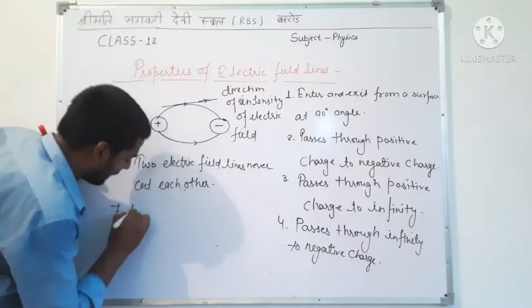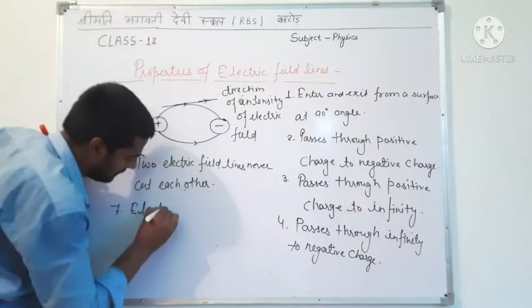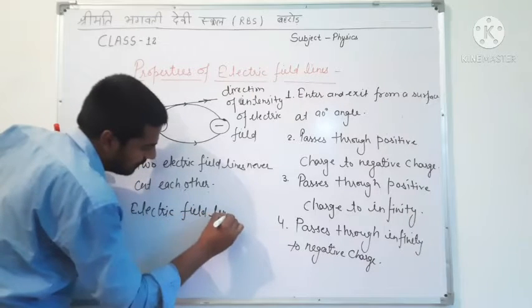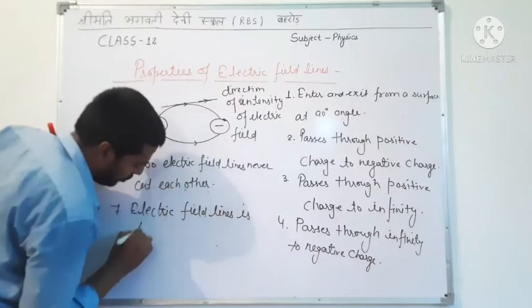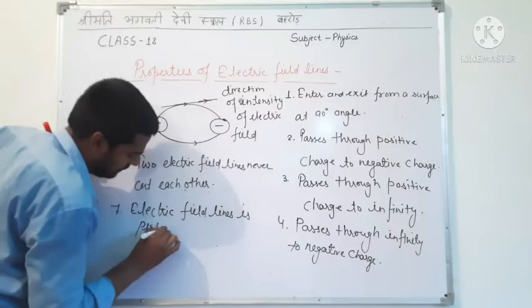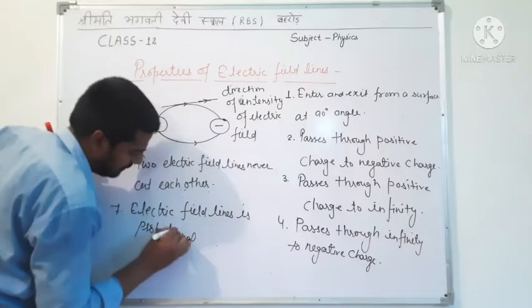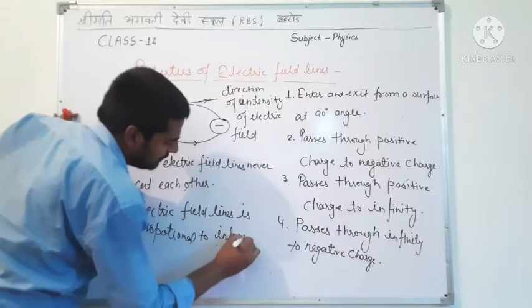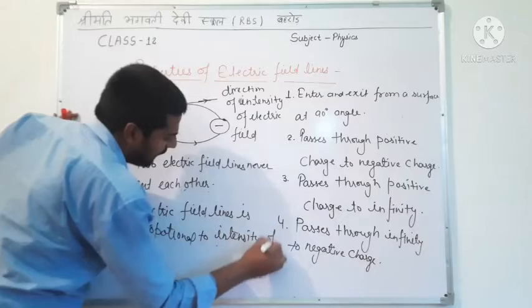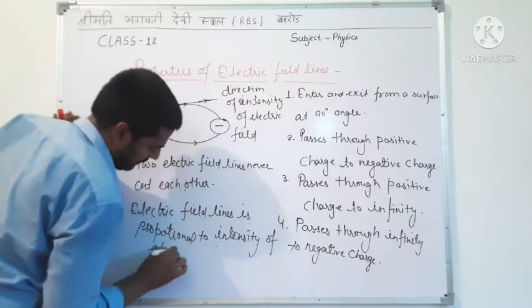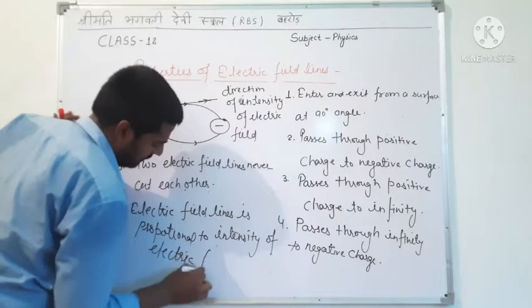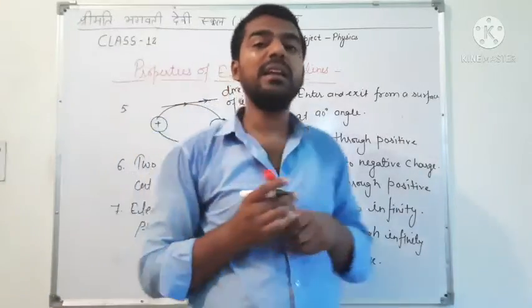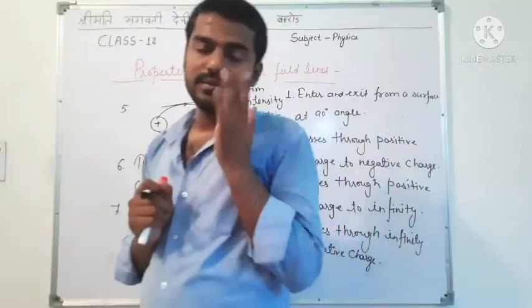Means electric field lines are proportional to intensity of electric field. And this is the seventh property of electric field lines.